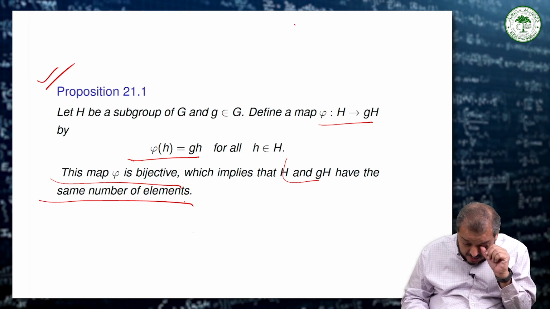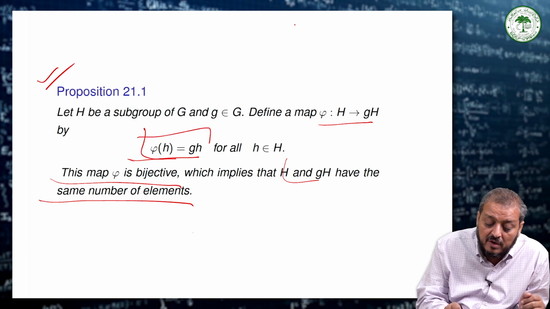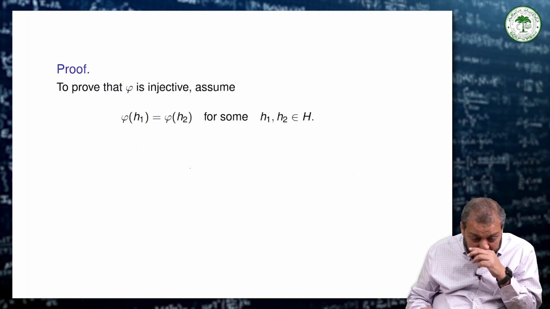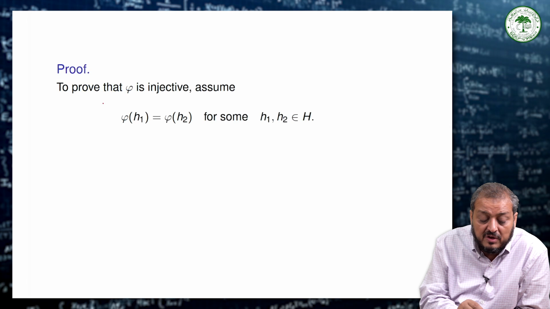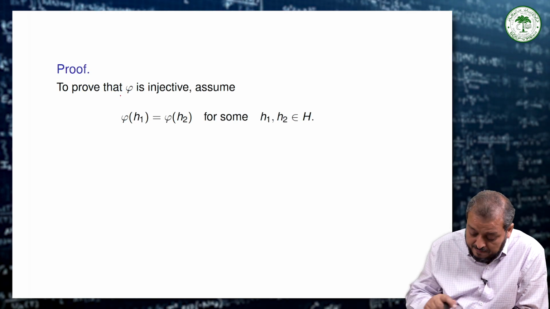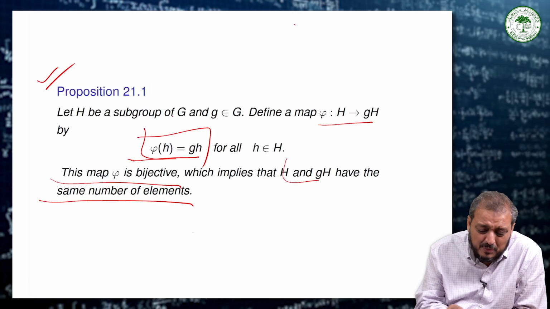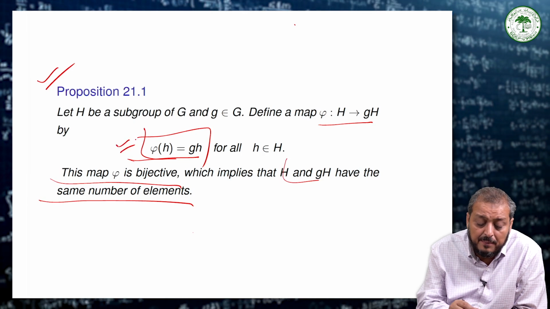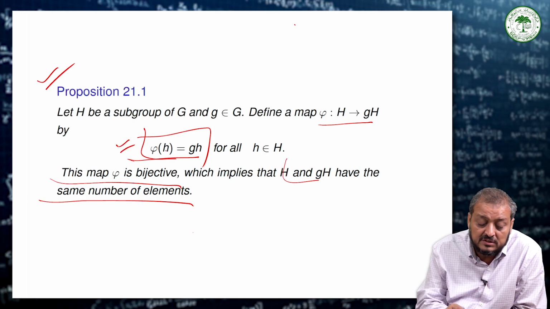First we have to show that the map is well defined. Phi is already given, so we assume that this is a well defined map, and then we show that it is injective.